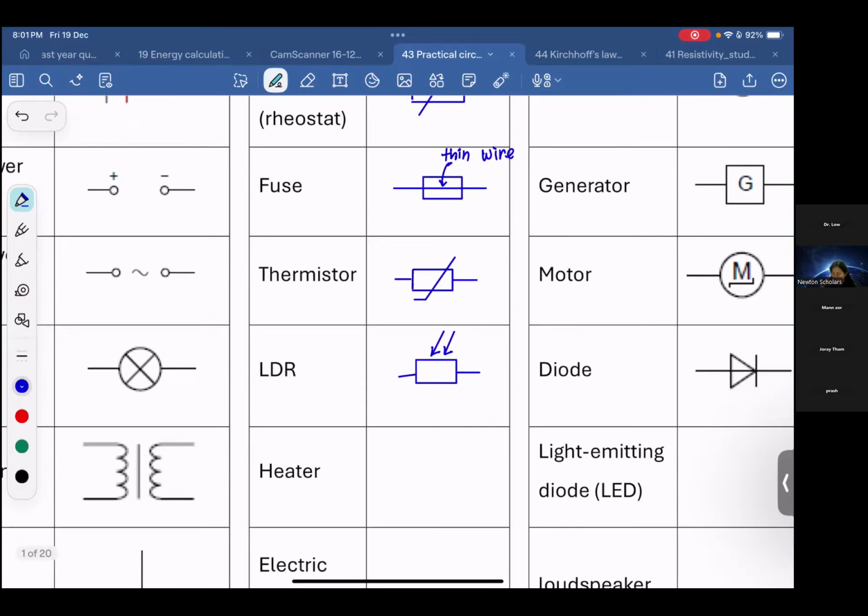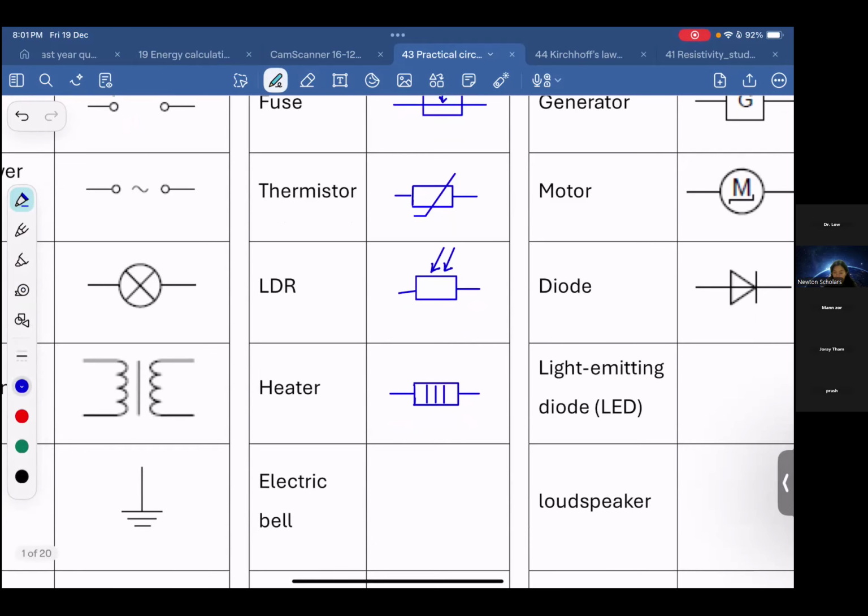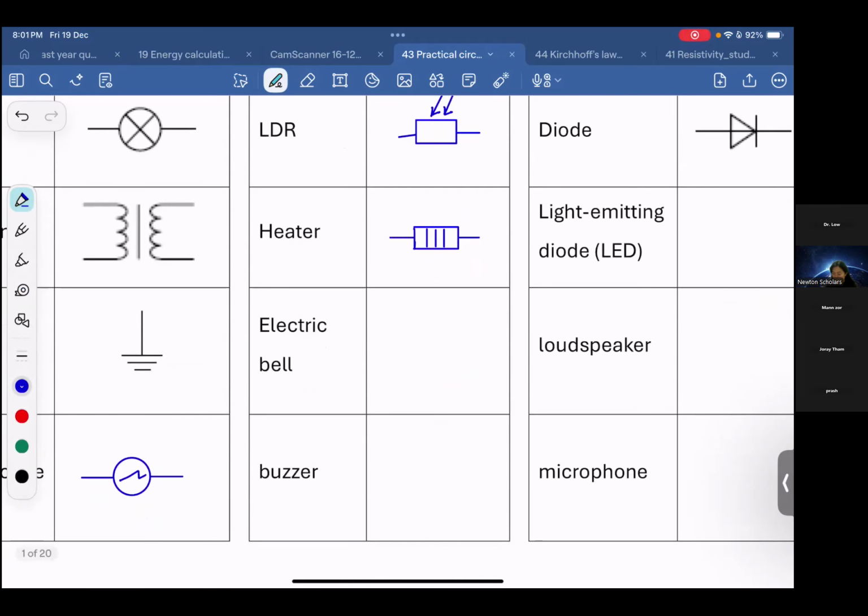Heater. Just now we did the past year question asking us to draw the heater. So here one line, two lines, three lines. Okay, heater. Here, electric bell and buzzer. The symbol is quite similar. This is the bell.